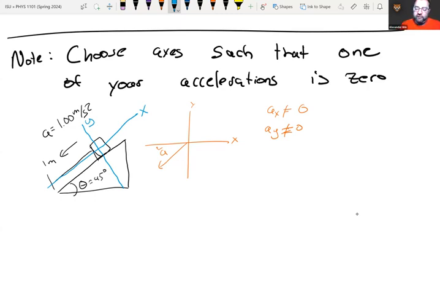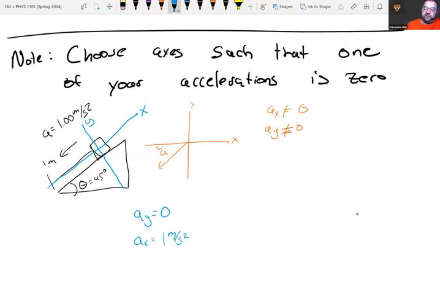But what you now have is a sub y equals 0. And that is what's useful. The whole point is that it's only accelerating in this blue axis that I've drawn, in the x direction. And then we can say, oh, a sub x is then equal to 1 meter per second squared.